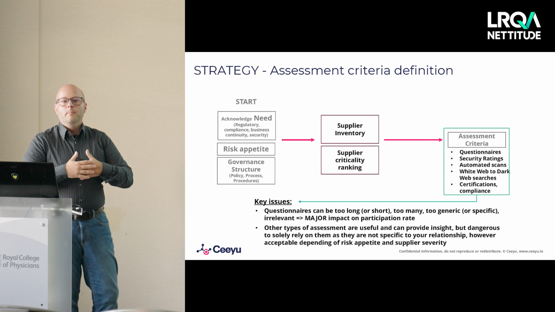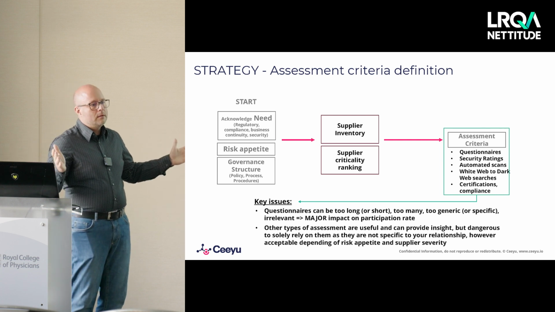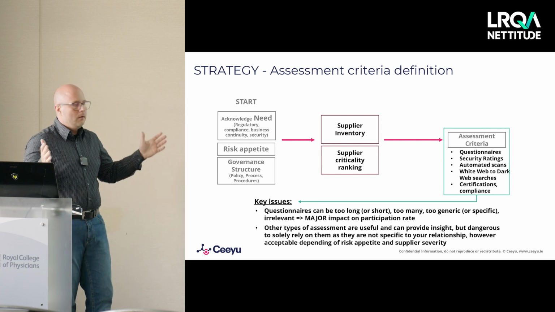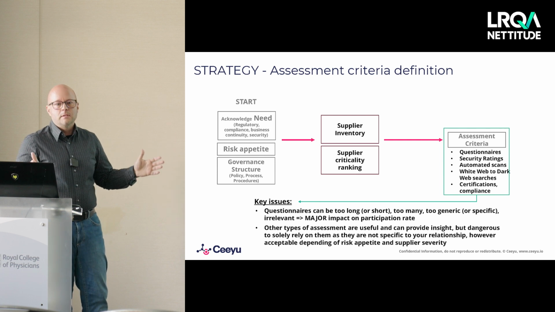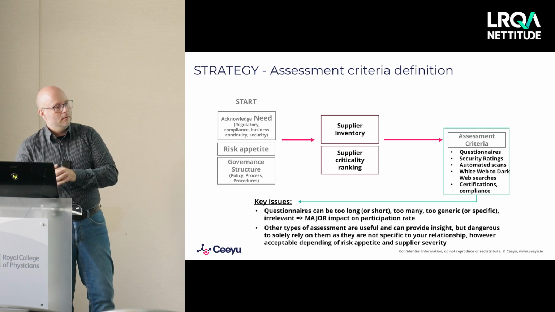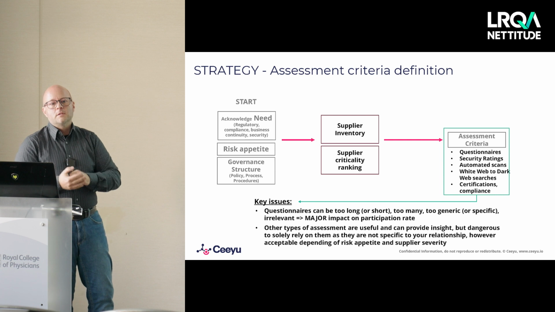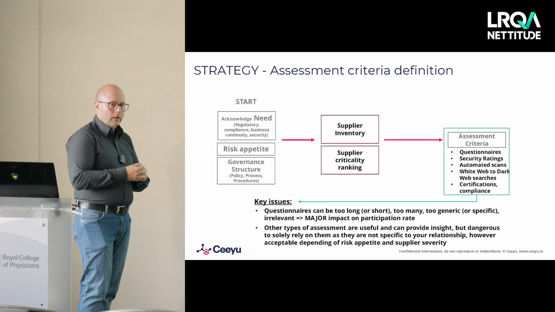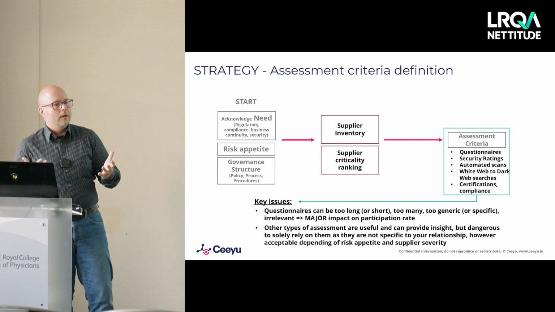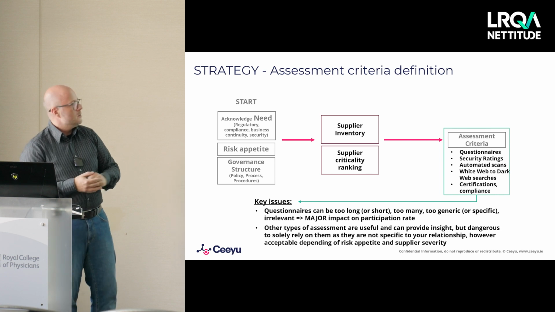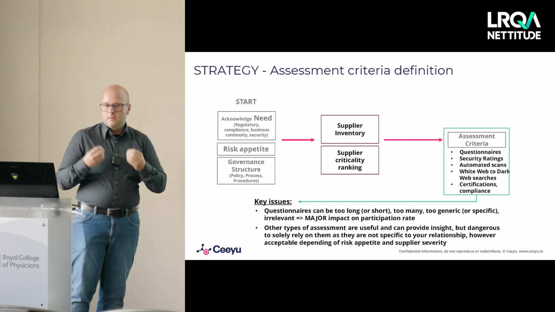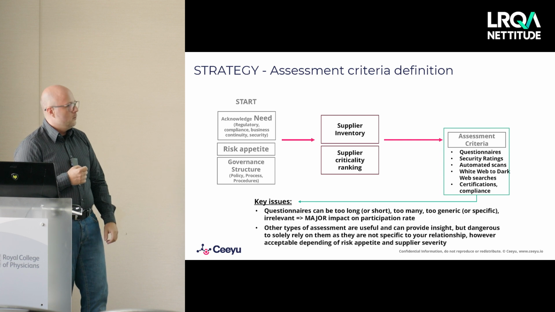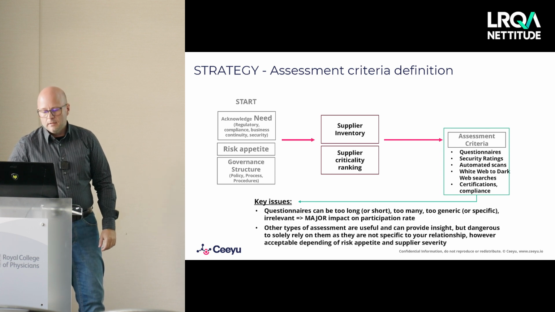They have just a massive amount of IP addresses on the internet. They cannot safeguard every asset they have exposed on the internet. But it doesn't mean that they will not handle your data confidentially, or they will not be able to get it back up and running if they have an attack going on. So we still need those questionnaires to properly fine-tune the amount of risk related to your supplier.